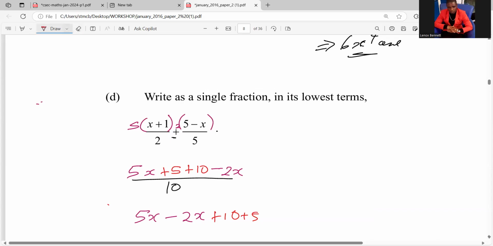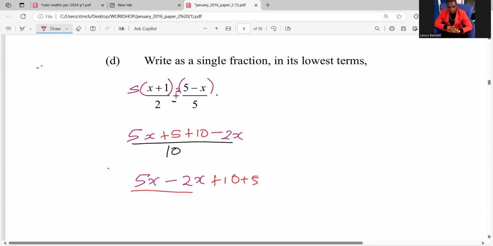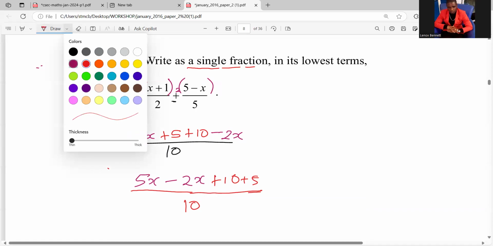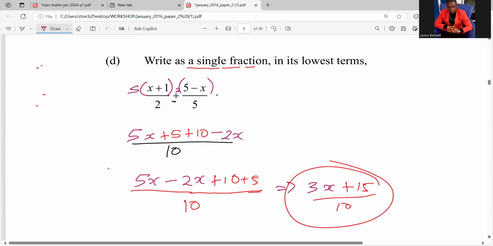Please remember, guys, to keep your denominator. Sometimes students do not keep the denominator, but if it's a single fraction, it means you have to keep your denominator. So look out for those little key terms as well. The final answer: 5x minus 2x gives us positive 3x, and 10 plus 5 gives us 15. So 3x over 15, and that is our answer.